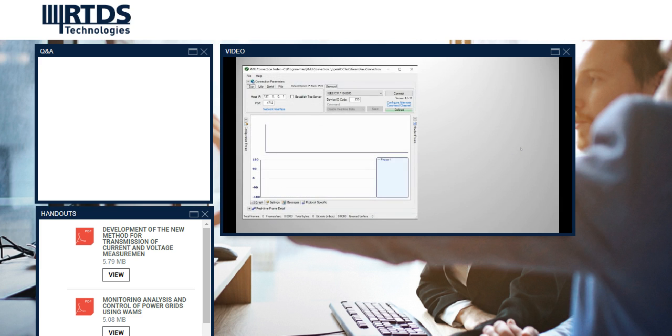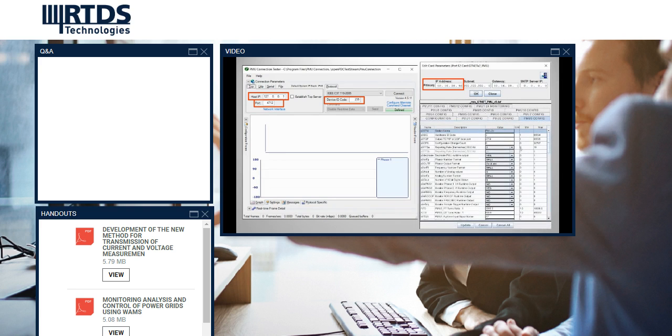This is the PMU connection tester. For setting up the connection to the PMU tester, we require the host IP address, port, and device ID code. This information can be obtained from the edit card parameters. Here we get the IP address. This IP address is the host IP address, and from the GTNet PMU configuration block, we would get the hardware ID and output TCP IP or UDP local port.